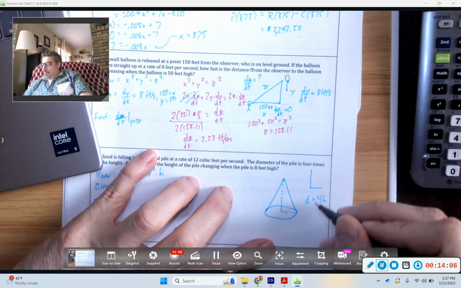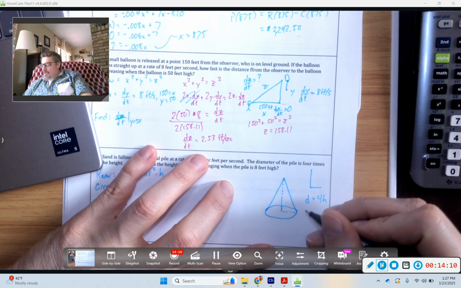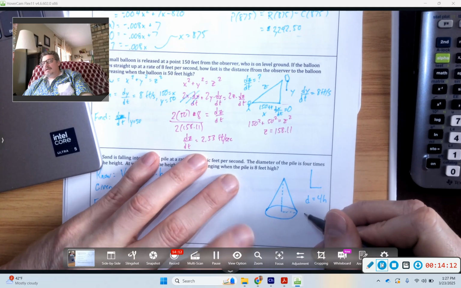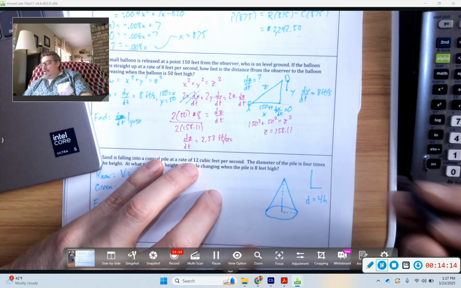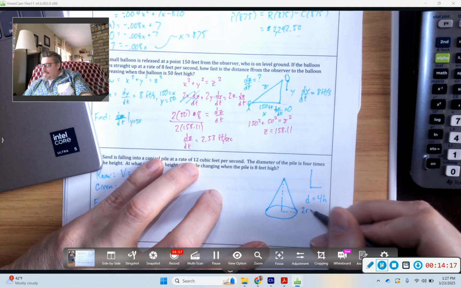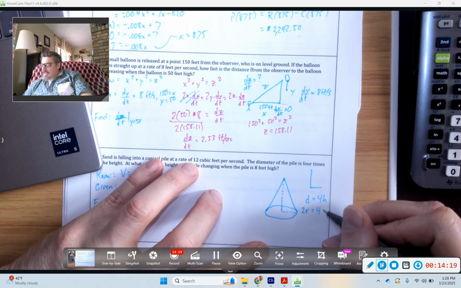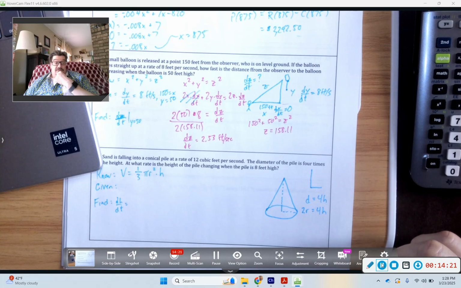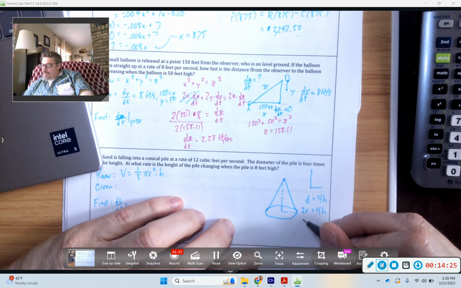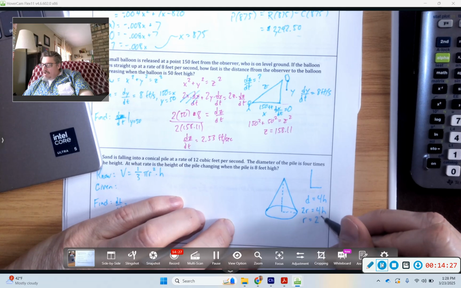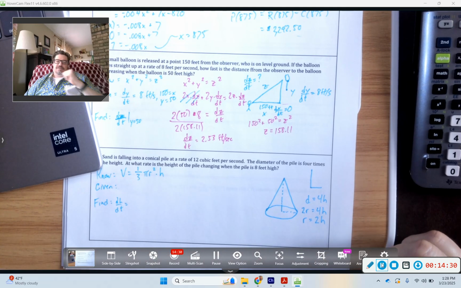Now, we're going to replace d with 2r, because 2 radiuses equal 4 h's. Okay, so now we divide both sides by 2, so we get r is 2 h's.